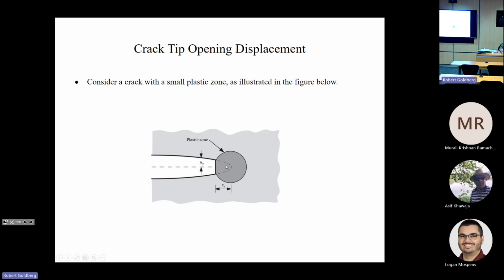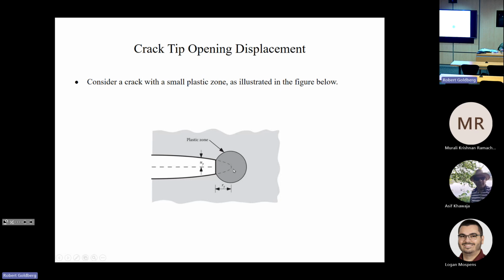surrounding the crack. And Irwin postulated that the crack tip plasticity makes the crack behave as if it was slightly longer. We talked about this before when we talked about the Irwin correction for the plastic zone, and we defined this radius of the plastic zone around the crack.